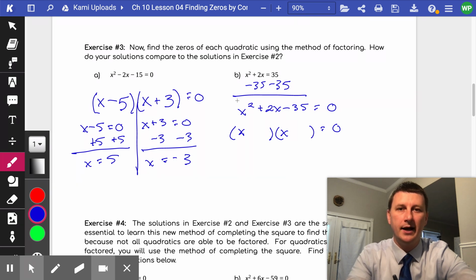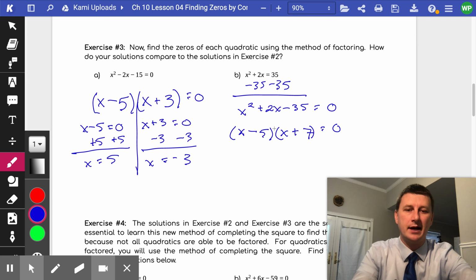So 35, well, it's 35 and 1, and then the only other two numbers that multiply to 35 are 5 and 7. So 5 and 7, we need to multiply now to negative 35, so one of them has to be negative, and they have to combine to a positive 2, which means my 7 is going to be positive, my 5 will be negative because 7 minus 5 will give me that positive 2.